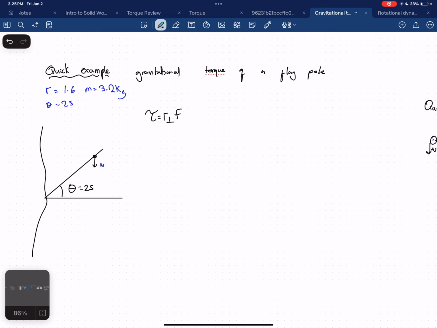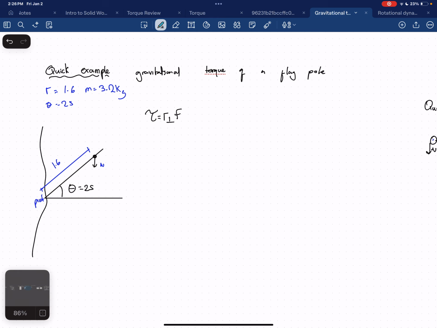So if we have our weight vector at our center of gravity, a particular distance from the pivot, this is our pivot point. We don't need to act as though our weight acts on every point on the stick.